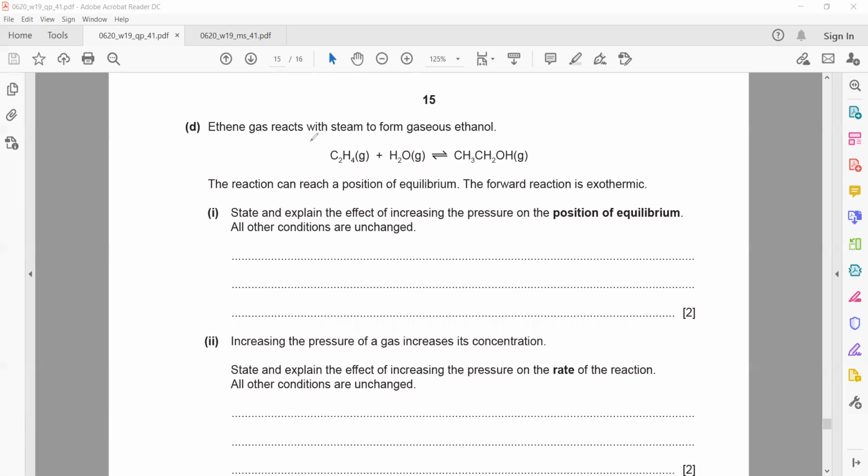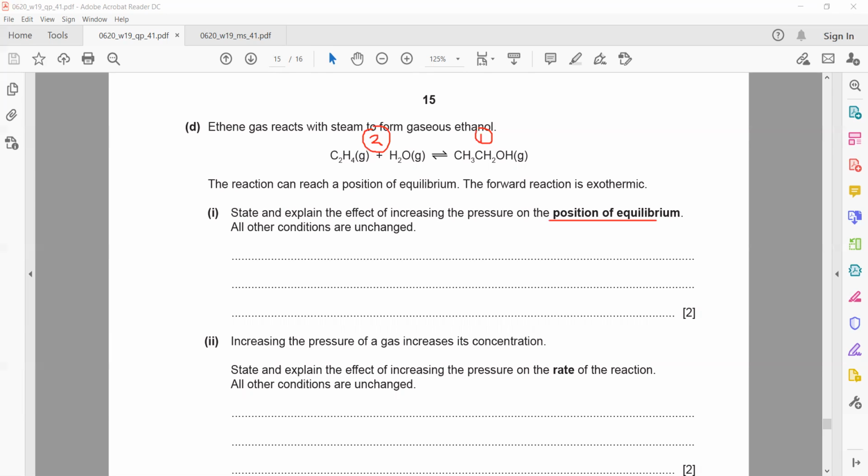Ethene gas reacts with steam to form gaseous ethanol. So ethene plus steam gives gaseous ethanol. The reaction can reach an equilibrium. The forward reaction is exothermic. State and explain the effect of increasing the pressure on the position of equilibrium. Here we have 2 moles total of reactant and 1 mole of product. If I increase the pressure, where will the equilibrium shift, towards right or left?